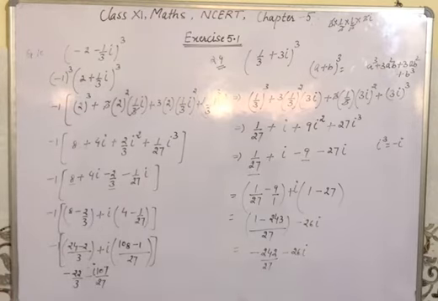We can write A is equal to minus 22 by 3 and B is 107 upon 27.